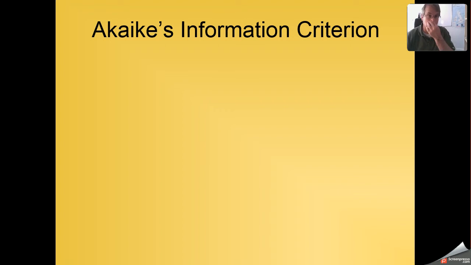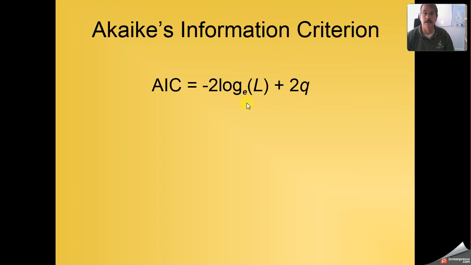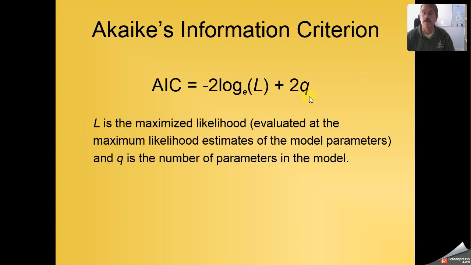So this brings us on to Akaike's information criterion, in which, lo and behold, there's our likelihood value appearing. This time it is a log. And so our Akaike's information criterion has two components to it. It's the doubling of the log likelihood, to which is added double the number of parameters in our model.